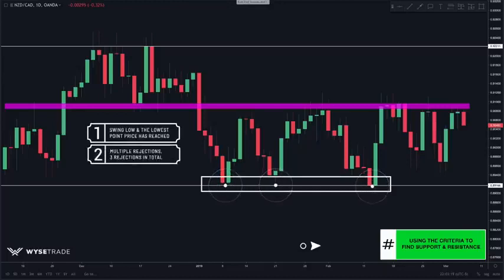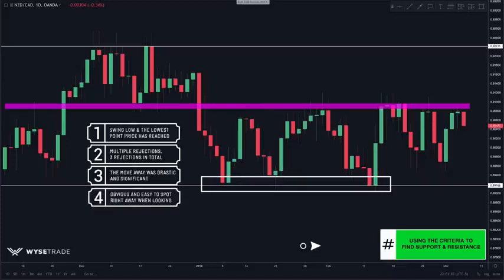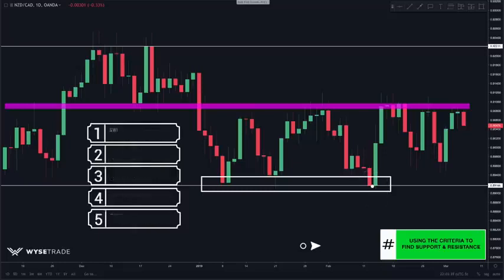There were multiple rejections of this level, 3 in total. 3. The move away was drastic, because as you can see, price reversed significantly when it got here. 4. The level is obvious, as you should have easily spotted it when looking at the chart. And 5. It was recently respected and occurred in a recent time period.